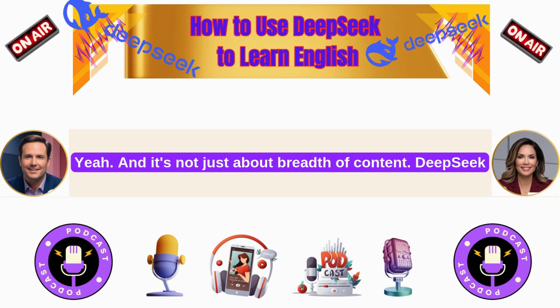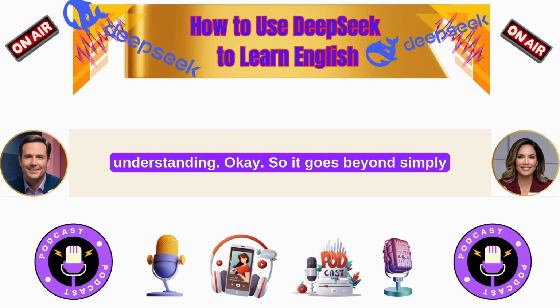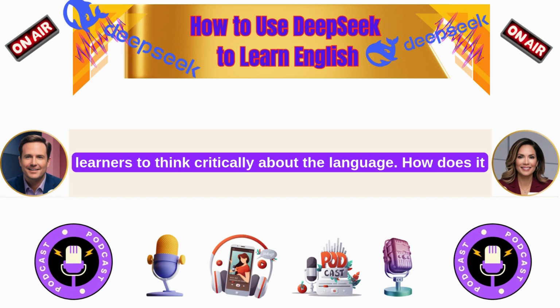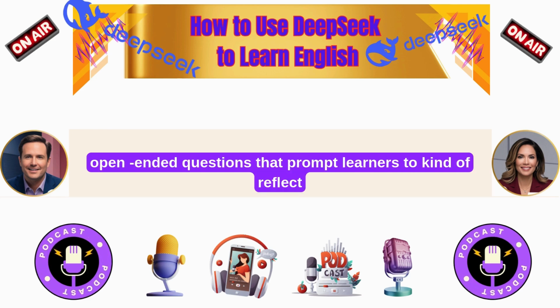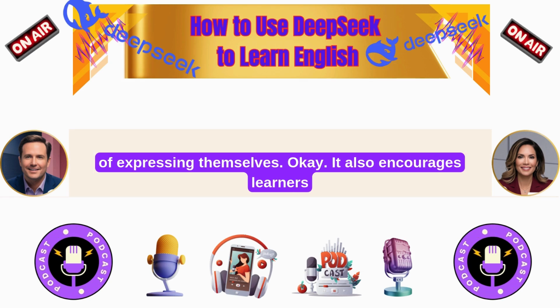Yeah, and it's not just about breadth of content. DeepSeek also recognizes the importance of depth of understanding. Okay. So it goes beyond simply presenting information and actually encourages learners to think critically about the language. How does it do that? Well, for example, DeepSeek often poses open-ended questions that prompt learners to reflect on their own language use and to consider different ways of expressing themselves. Right.